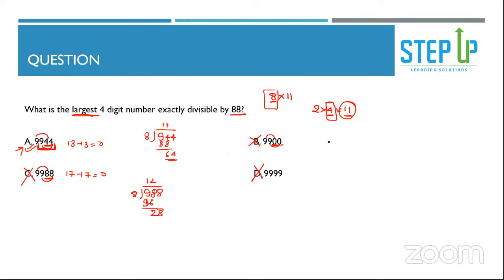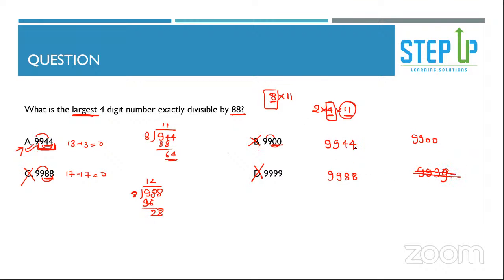I repeat, the options were 9944, 9988, 9900, and 9999. The number has to be divisible by 88. It means that it has to be an even number. So that's why we eliminate this option at first.